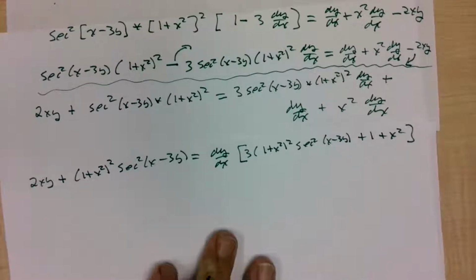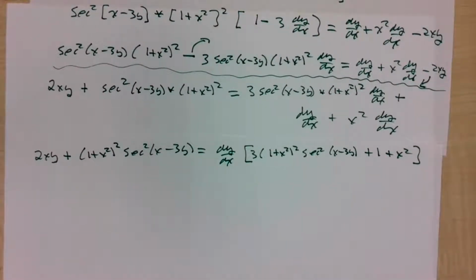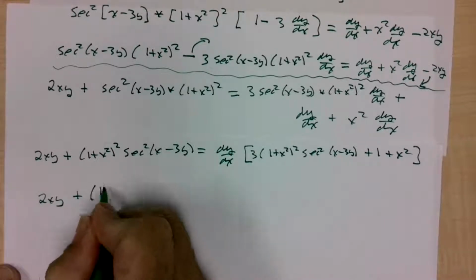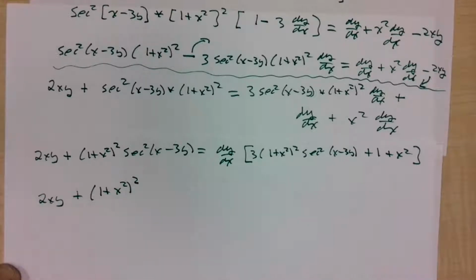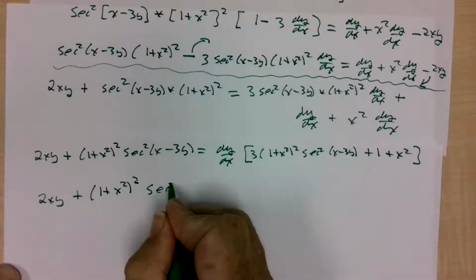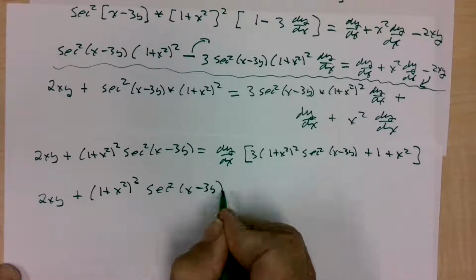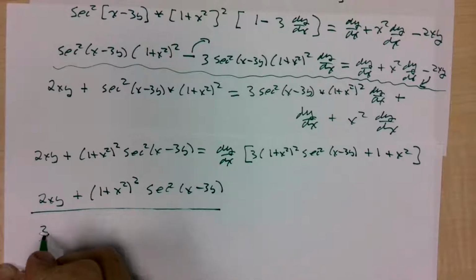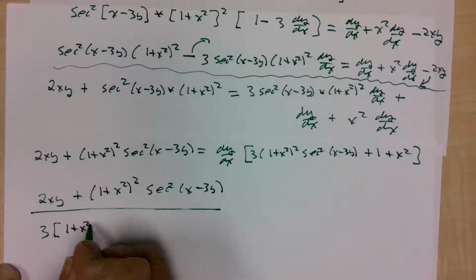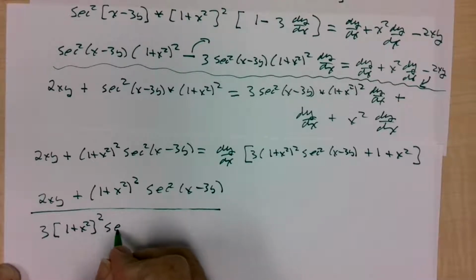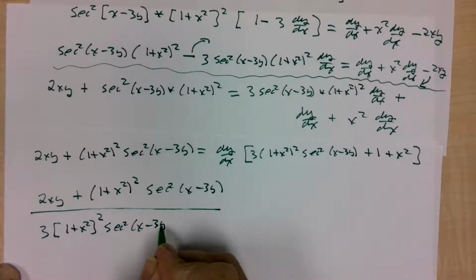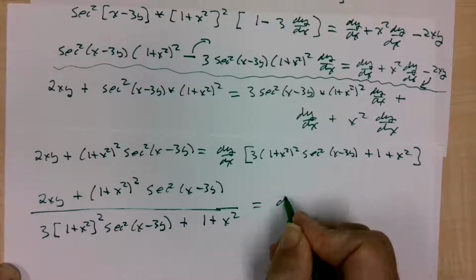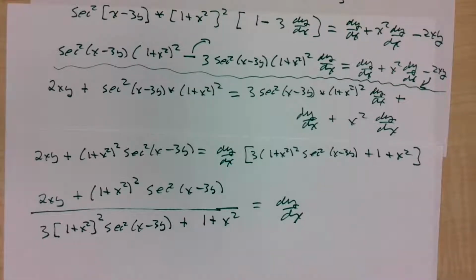And then my last line is to go ahead and divide. So my final answer will be 2xy plus (1 plus x squared) squared secant squared x minus 3y, divided by 3 times (1 plus x squared) squared times secant squared x minus 3y plus 1 plus x squared, equals dy/dx.